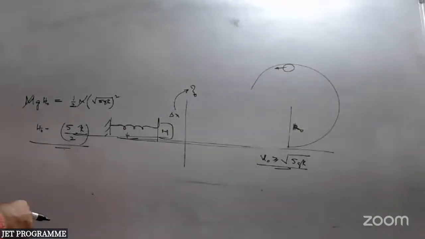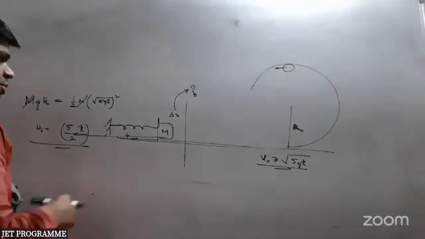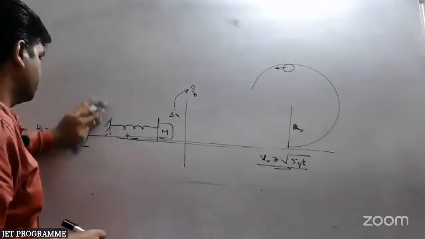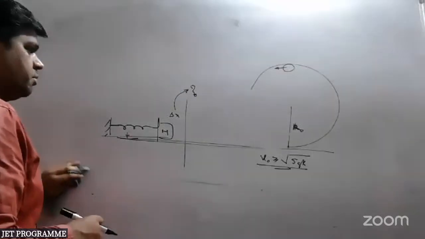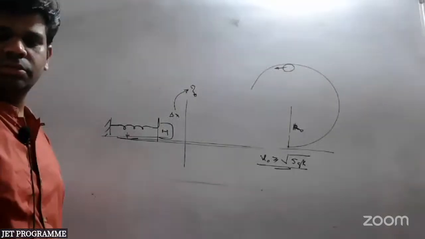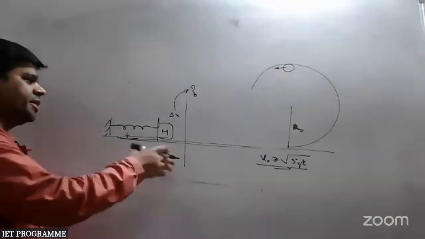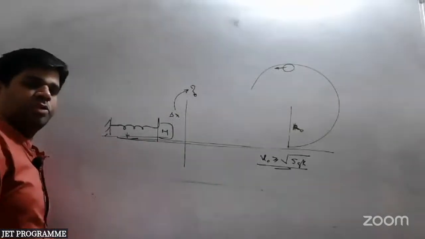Okay. Now what do I do? Can you help me write the equation, students? When I compress it by delta x, what is the potential energy stored in it?